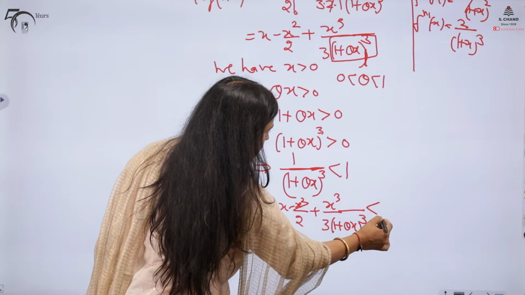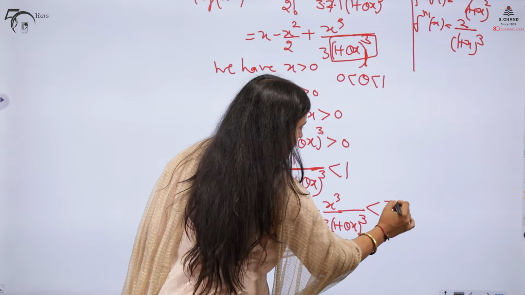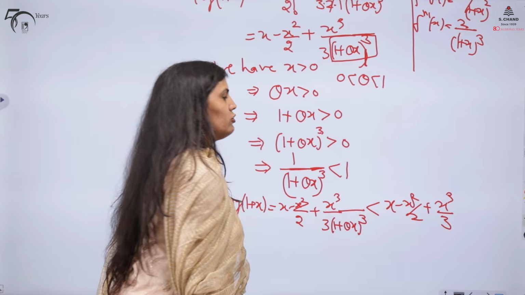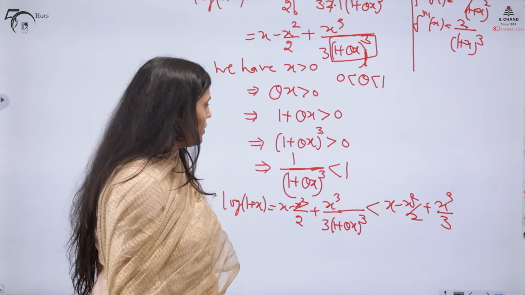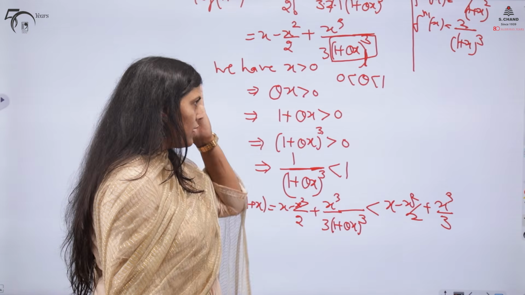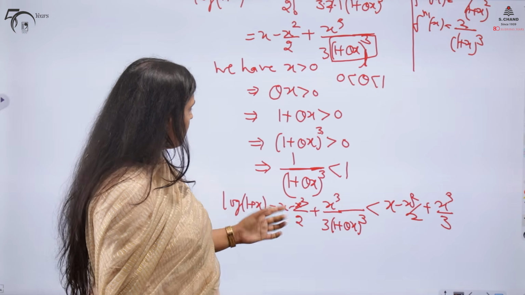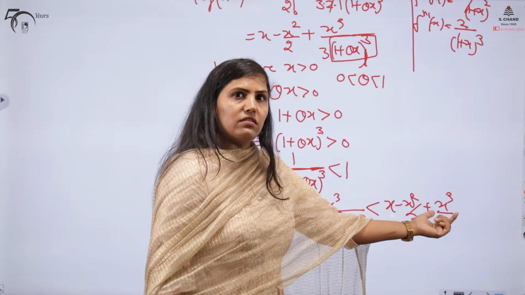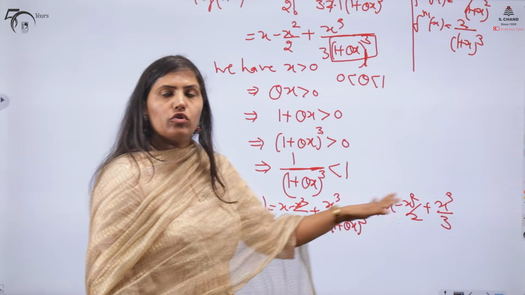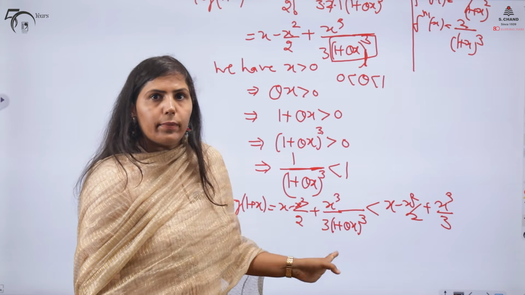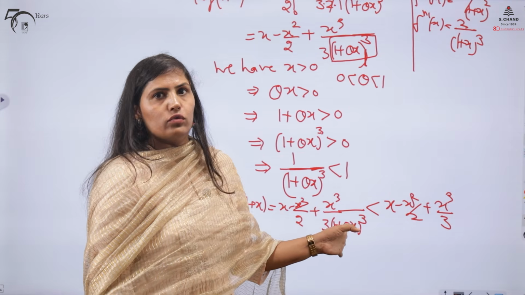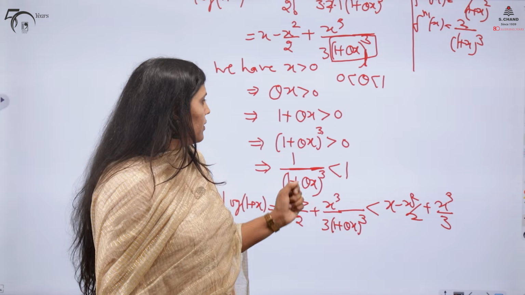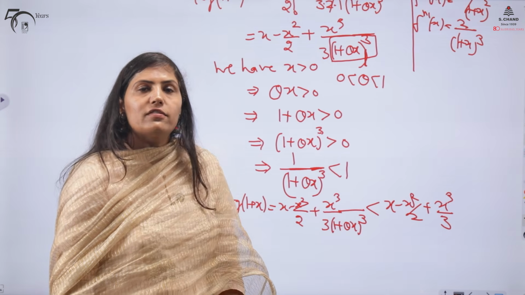So, it means this whole expression will become less than. So, this was our requirement. We have already solved this. So, you can see log of 1 plus x is less than this. It means this is an upper bound for the function log of 1 plus x. So, to get upper bounds and lower bounds, we can use these theorems, and this is all about this lecture.